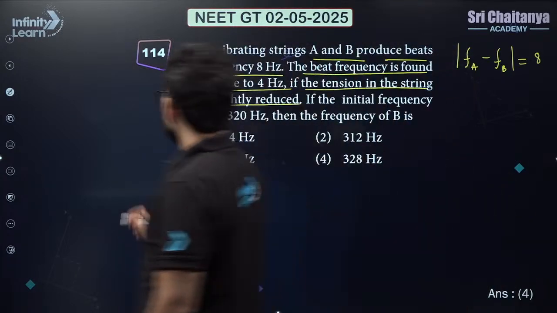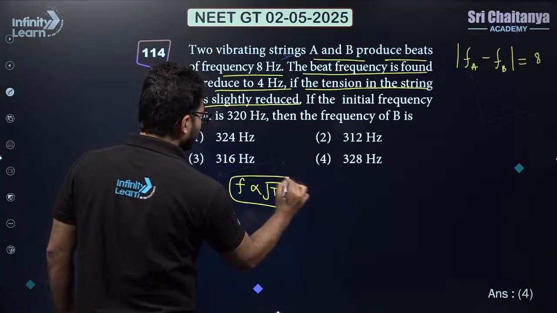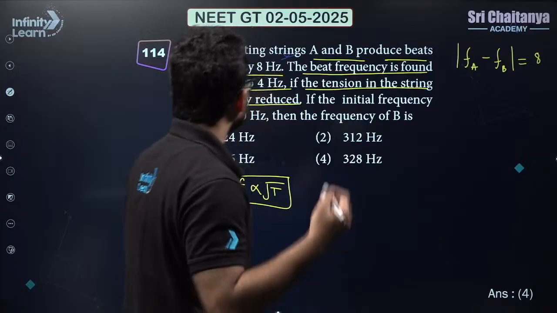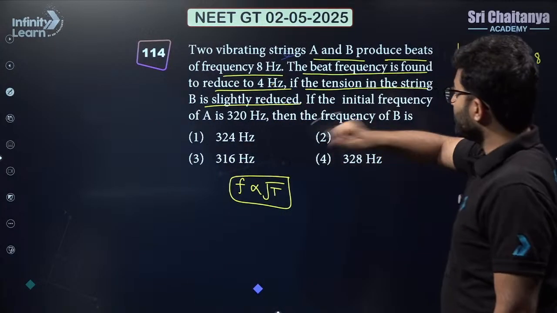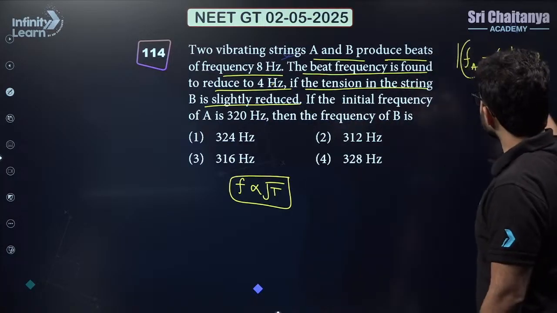Now we know that frequency is directly proportional to the root of tension, if you remember. So if you are reducing the tension, you are reducing the frequency. And by reducing the frequency, the beat frequency has reduced, which means we are reducing this part.